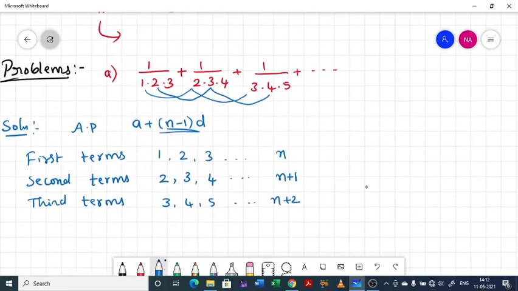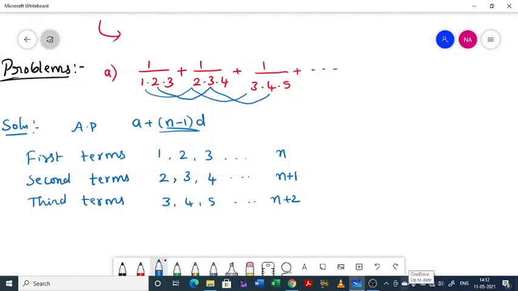So I got this one. So from this the conclusion is the nth term, thus an equal to 1 by n into n plus 1 into n plus 2.